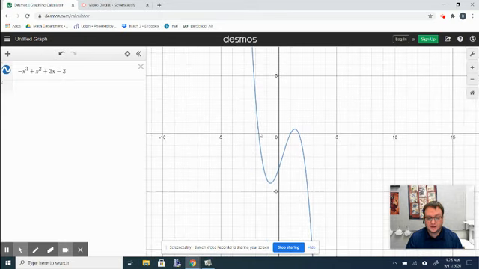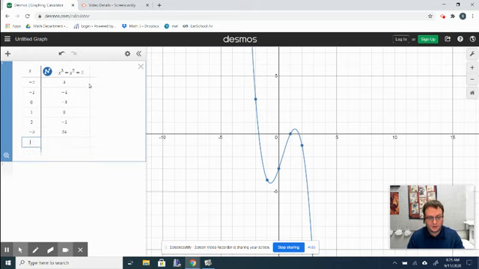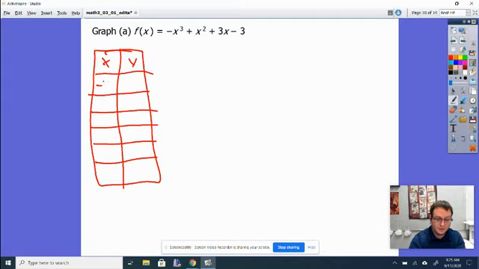So anything between about -3, even -2 would probably be fine, all the way up to about 3, because those dots really stop after those points. When I do a table, I am going to need -3, and then I'm going to want to go down to 3. Let's make sure we put it in the right order on ours. So I'm going to go all the way from -3 to +3.